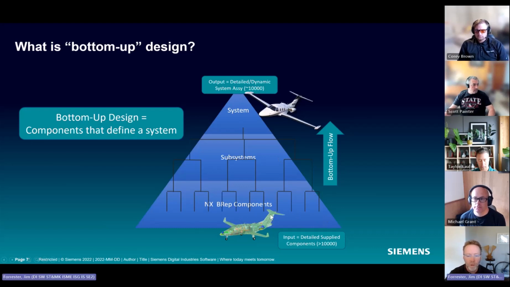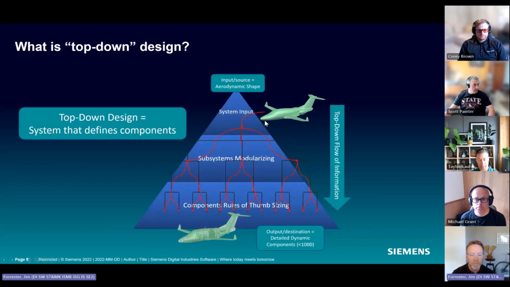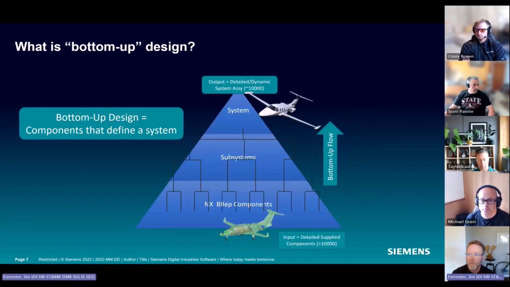So you have all these components below, and you have to organize them in a way that they make a product at the top. It's important to note that in top-down design, you're talking about some fraction of the BOM as far as number of components, usually a small fraction. With bottoms-up design, you're talking about all of them.